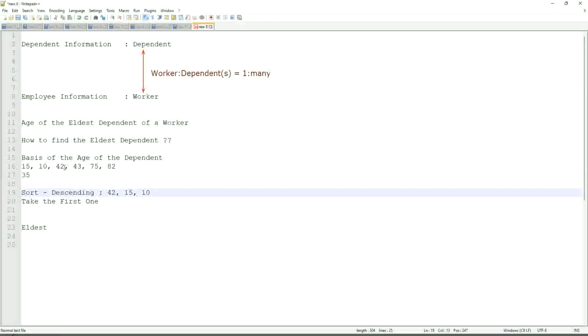Right. Only one problem is if there are multiple dependents with the same age, like if there are only children as dependents and there is a twin of the same age. At that point it becomes difficult, but other than that it is more or less foolproof.